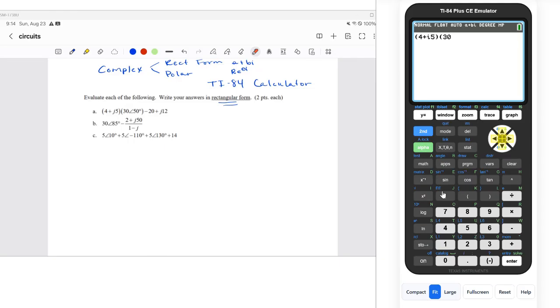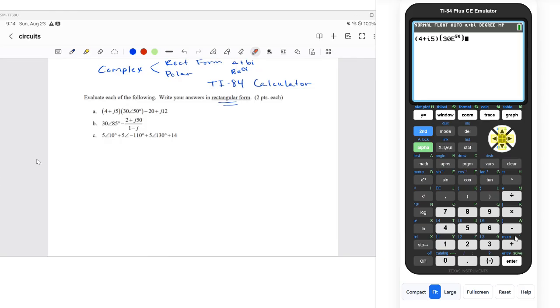So I'm going to do alpha E raised to, and I have 50 degrees, so 50. And I really didn't need these parentheses, but it's not going to hurt anything. And then I'm going to finish entering the problem as it's written.